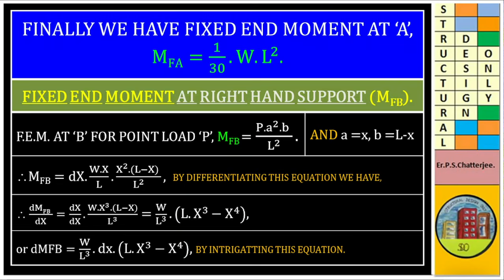By differentiating this equation, we have dMFB by dx is equal to dx by dx into W X cube into (L minus X) divided by L cube, which is equal to W by L cube into (L X cube minus X to the power 4). Therefore, dMFB is equal to W by L cube into dx into (L X cube minus X to the power 4).